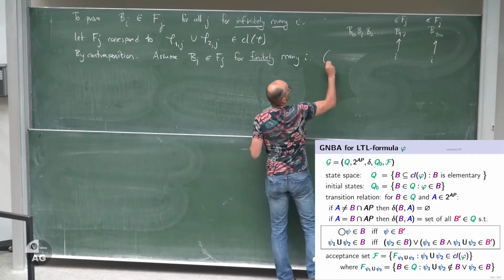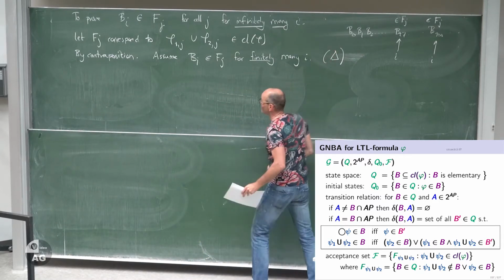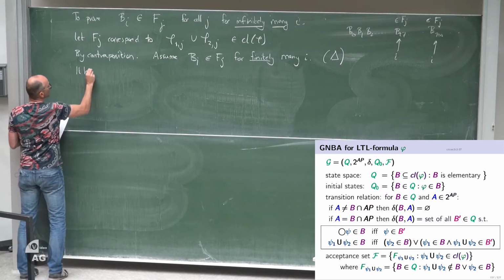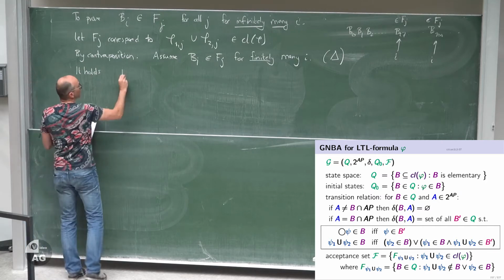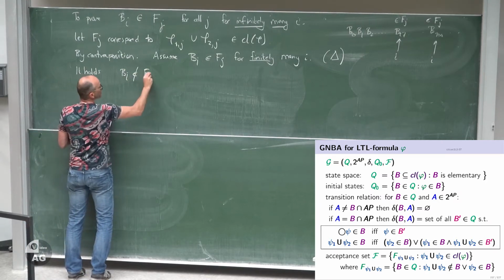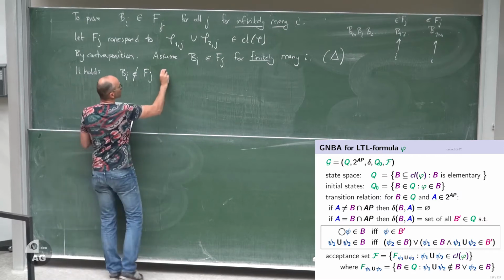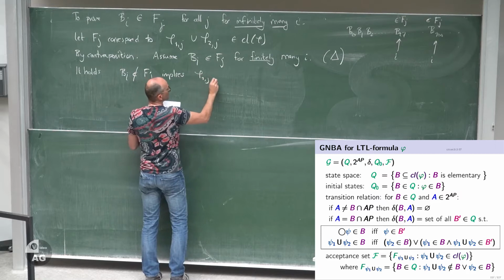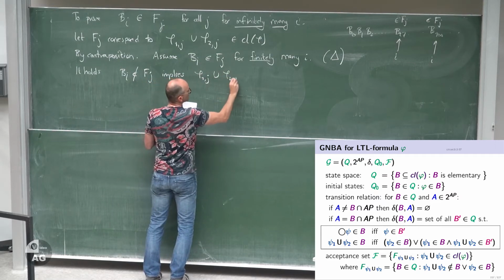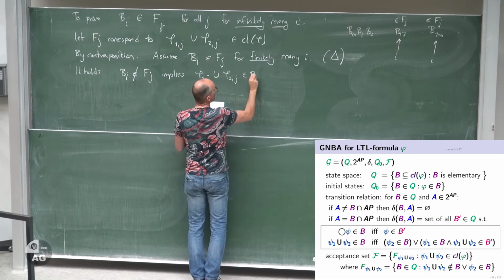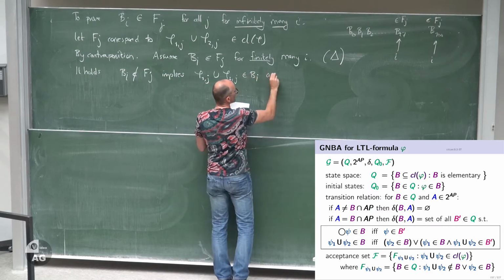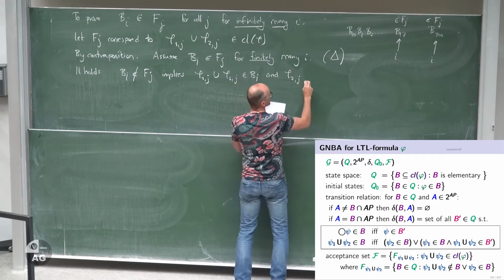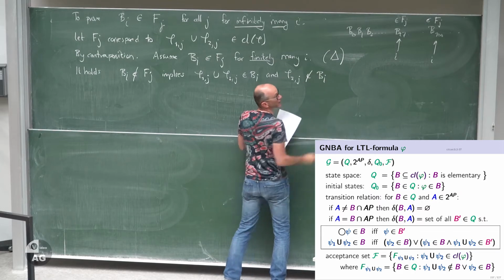Good, let's call this condition triangle. It holds that if bi does not belong to Fj, it implies that this subformula belongs to bi, and the formula phi 2j does not belong to bi.